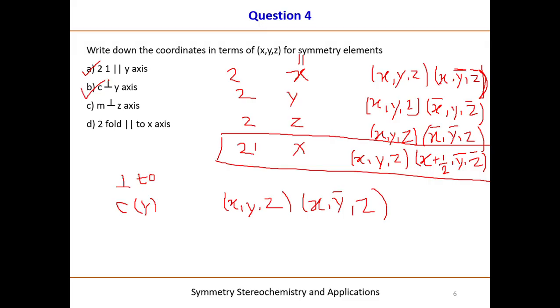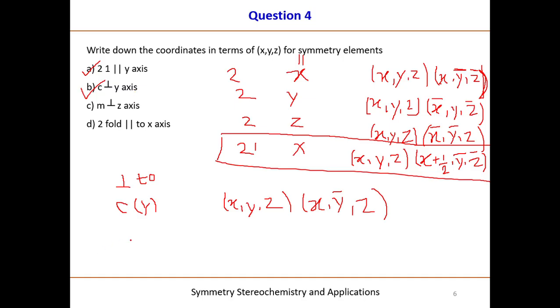Now let's talk about the third one. Third one is given that M is perpendicular to Z axis. So M is a mirror plane which is perpendicular to Z axis.